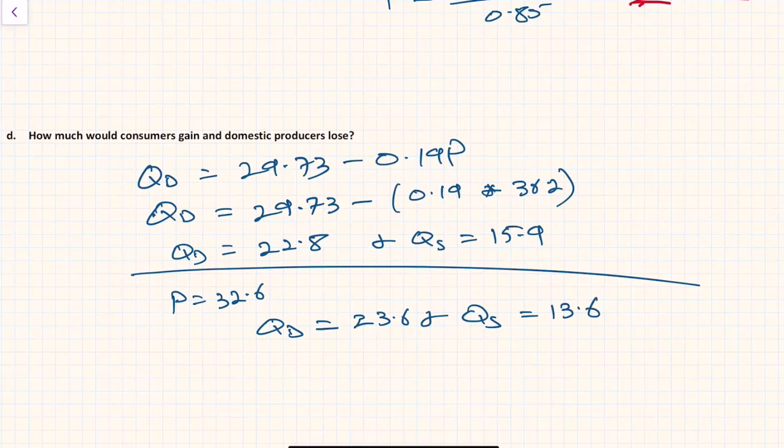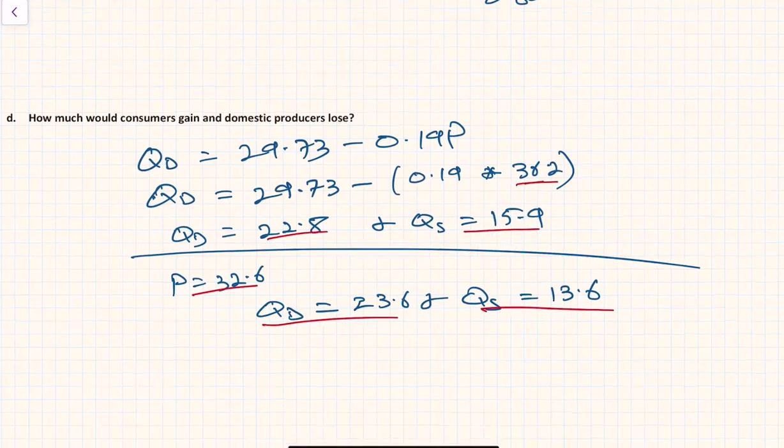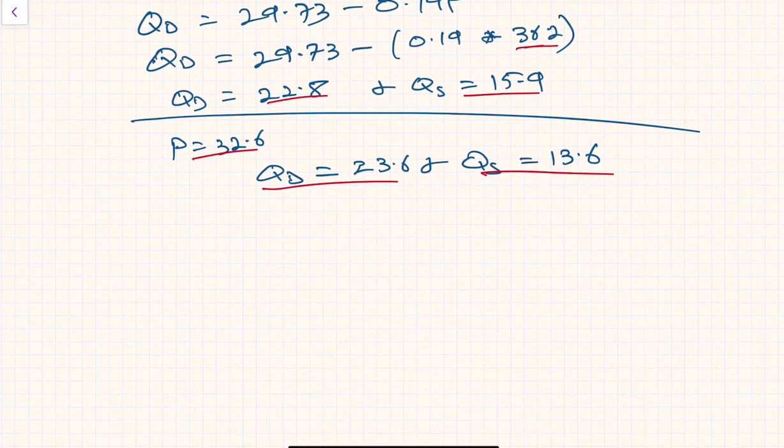So these 2 points give us the demand and supply at 32.6, whereas these 2 points give us the demand and supply respectively at 36.2. And we can now translate these points into our graph.